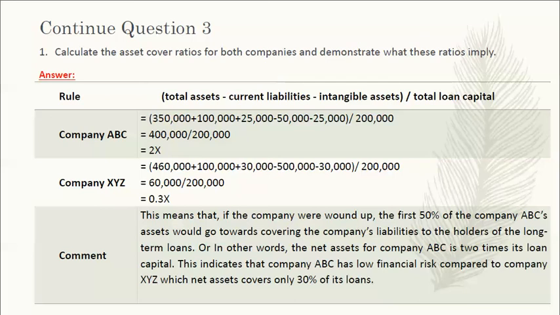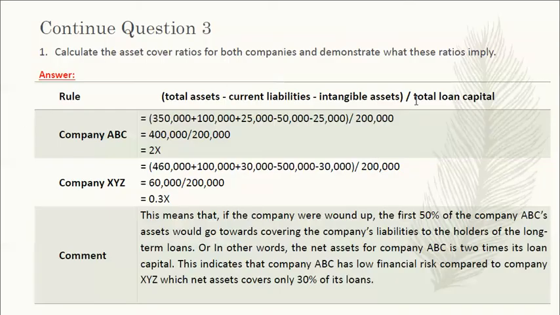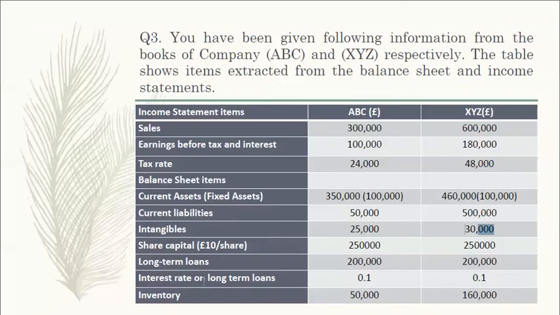Then we will subtract the current liabilities, which is already given in the question, and subtract the intangible assets. The current liabilities equal 500,000 and the intangibles equal 30,000, as mentioned in the question here, and then divide this by the total loan capital, which is 200,000 as mentioned here.